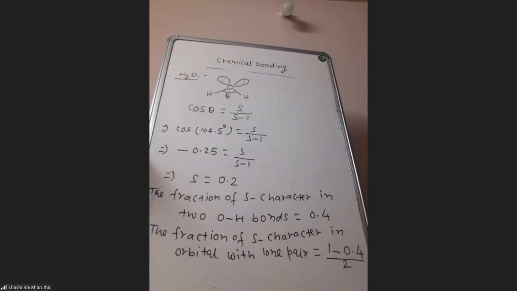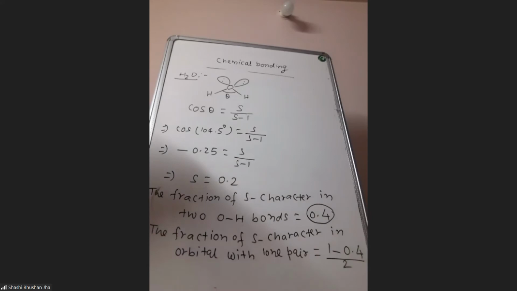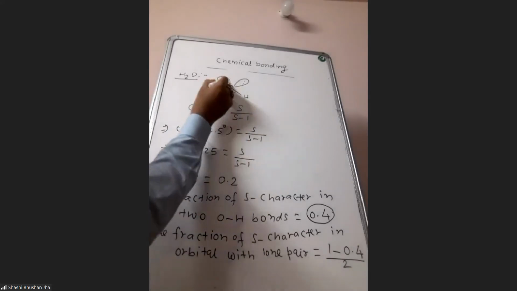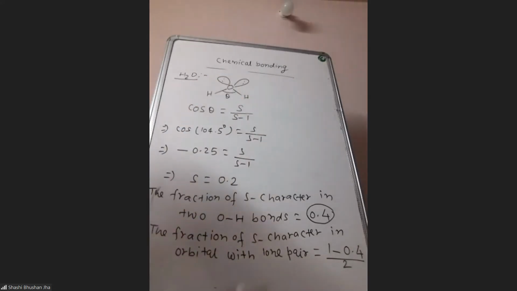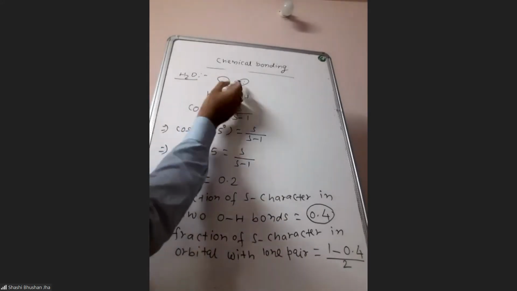Is that correct? Yes, sir. Fraction of S character in two oxygen hydrogen bonds is 0.4. So if you subtract this 0.4 from 1, you will get the fraction of S character in two orbitals which are having lone pair. We have two orbitals containing lone pair. So 0.6, that is the fraction of S character in two orbitals of lone pair.